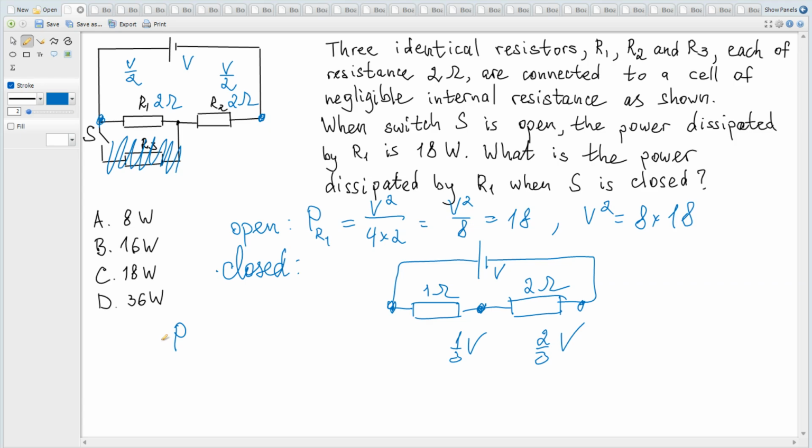Power becomes potential difference squared, V over 3 squared, divided by 2. Not 1, but 2, because we consider R1.